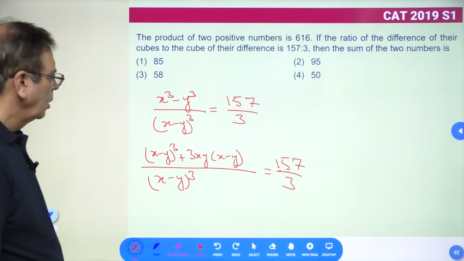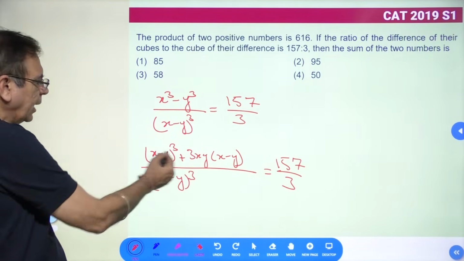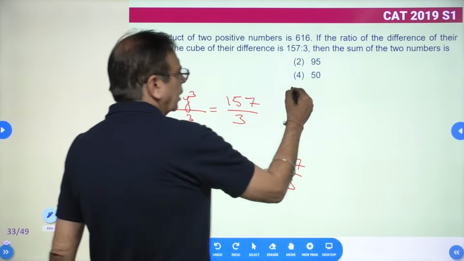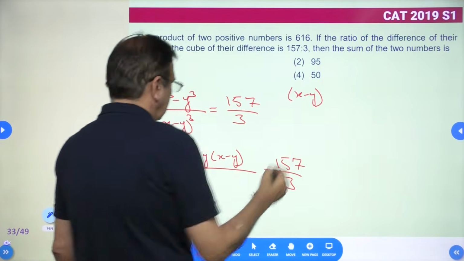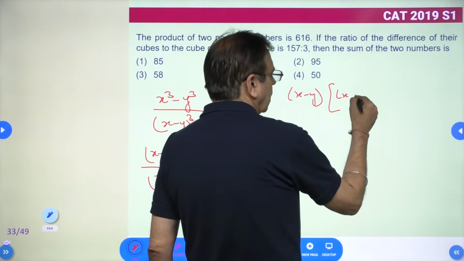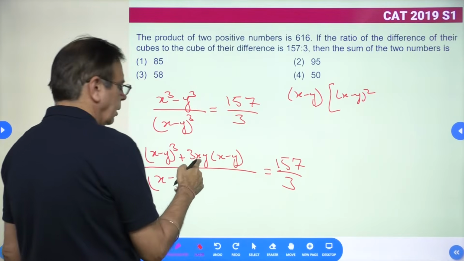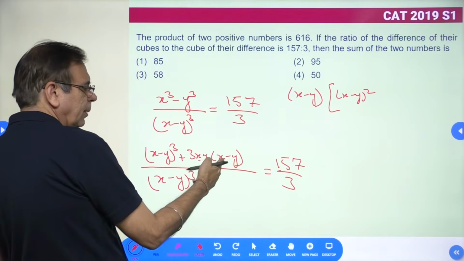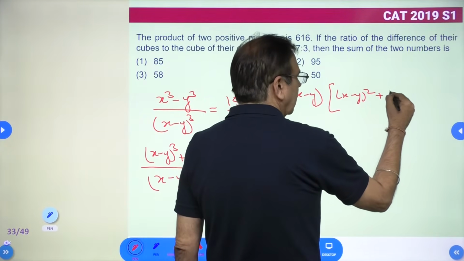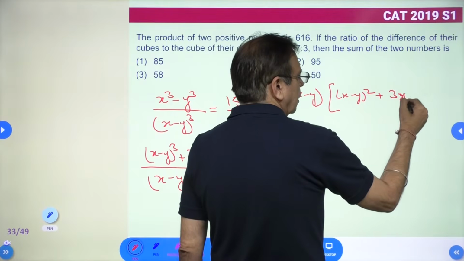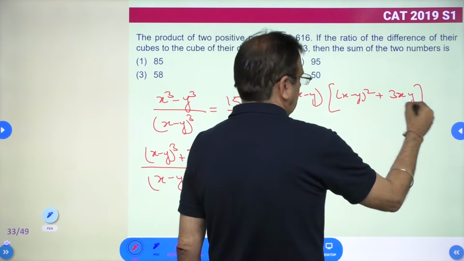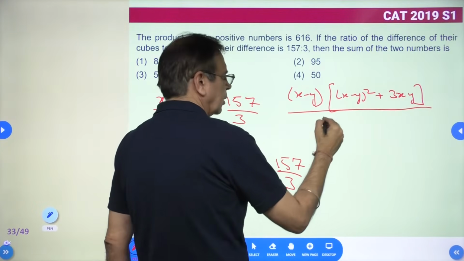Obviously, you can take x minus y common from both. If you take x minus y as common, this is x minus y whole square, plus 3xy upon x minus y whole cube.